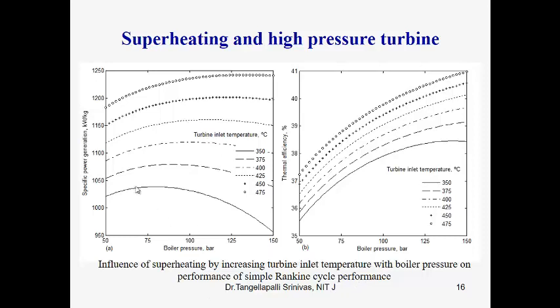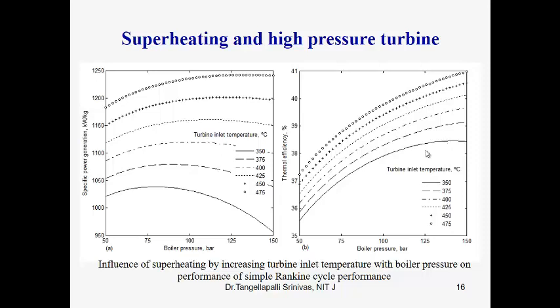For specific output, there is an optimum boiler pressure at each turbine inlet temperature. The optimum pressure also increases with increasing turbine inlet temperature. And the efficiency also increases with increasing turbine inlet temperature as well as boiler pressure. But thermal efficiency increases at a diminishing rate with increasing boiler pressure.